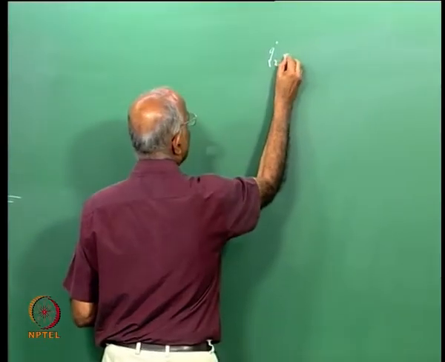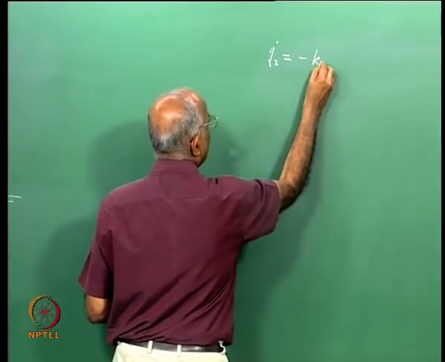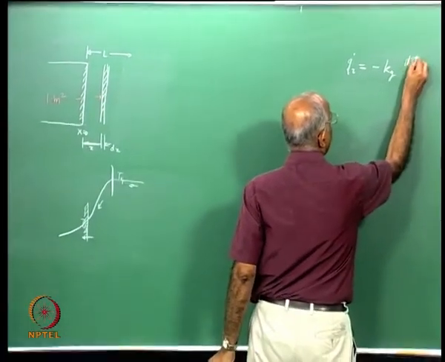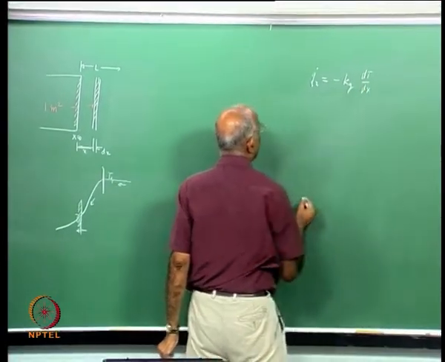rate of heat conduction at x, is equal to minus, it is a gas phase, therefore thermal conductivity of the gas, kg, into dT by dx by Fourier law.